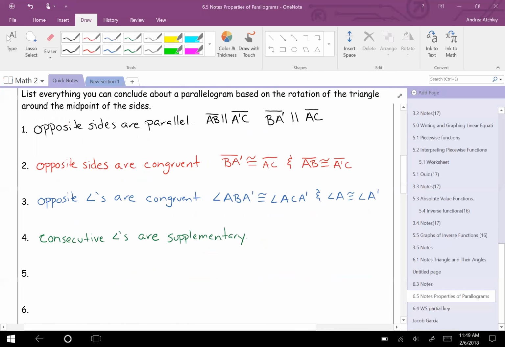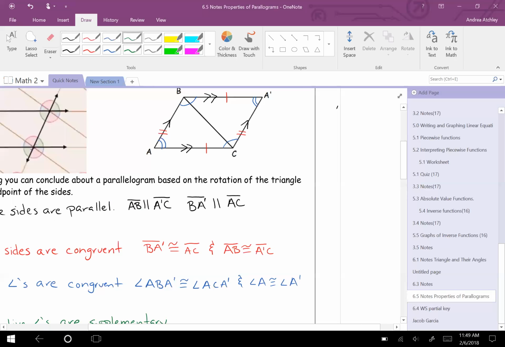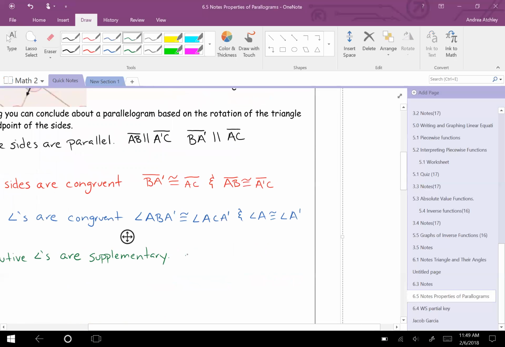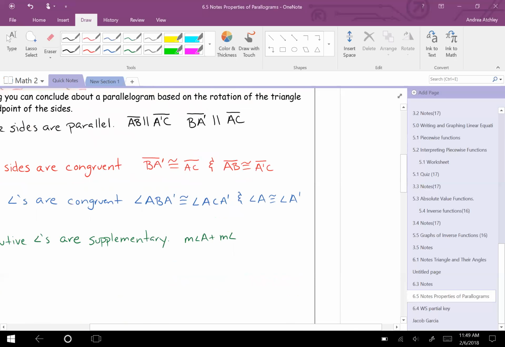Okay, so we'd say the measure of angle A plus the measure of angle AB A prime equals 180. And we could do this like 10 times.